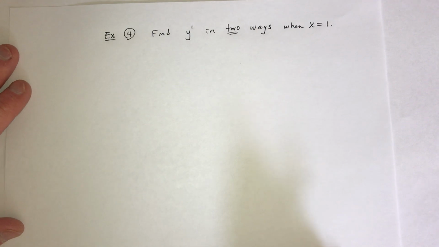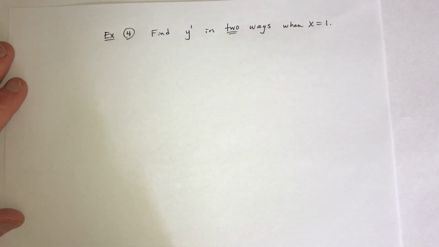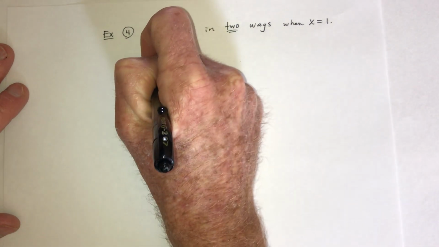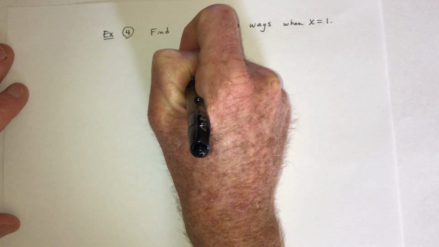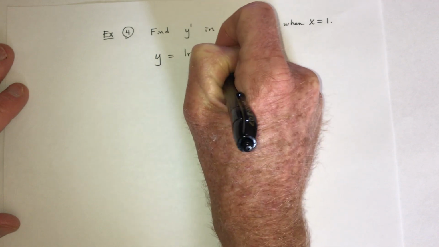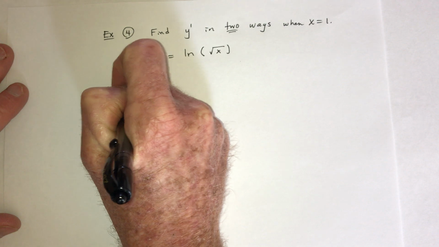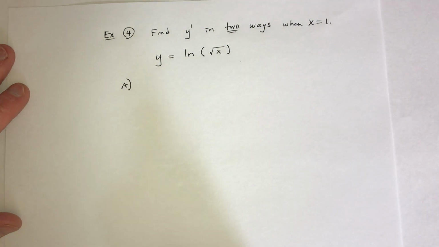So find the derivative in 2 different ways. Also, plug in a 1 and find out what the derivative equals at x equals 1. So the function is the natural log of the square root of x. Since I'm doing it 2 ways, I'll label it a and then b.